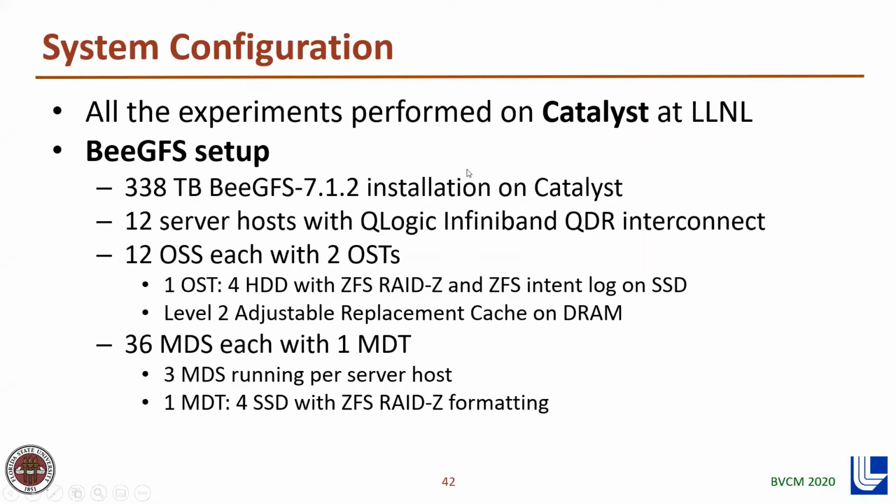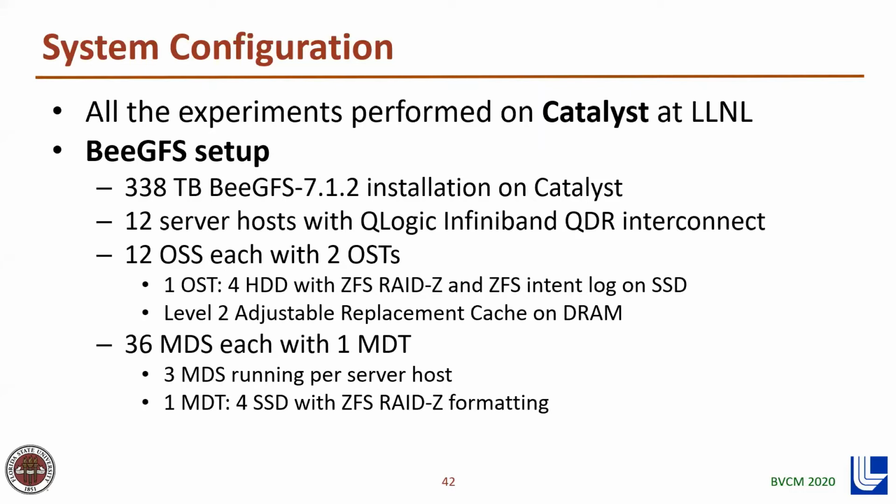In our experiments, we used this system configuration. All our experiments were performed on the Catalyst cluster, an in-house cluster at Lawrence Livermore National Laboratory. My co-author Todd was responsible for the system administration, setup and installation, and also maintenance of this BeeGFS instance.